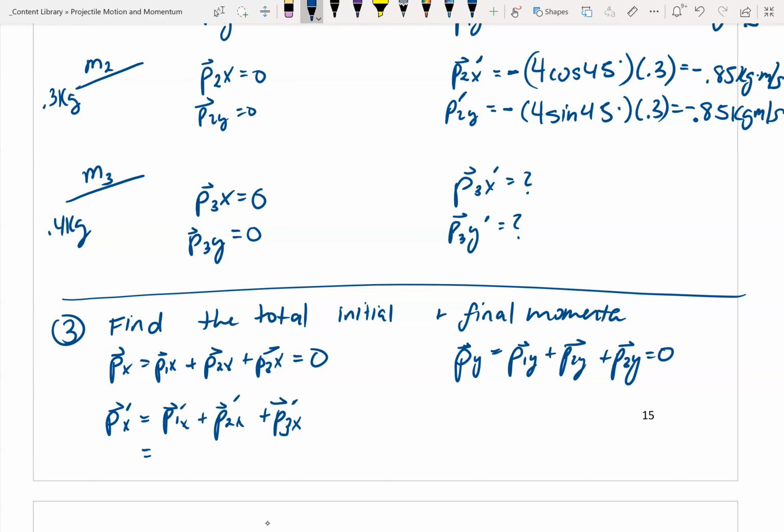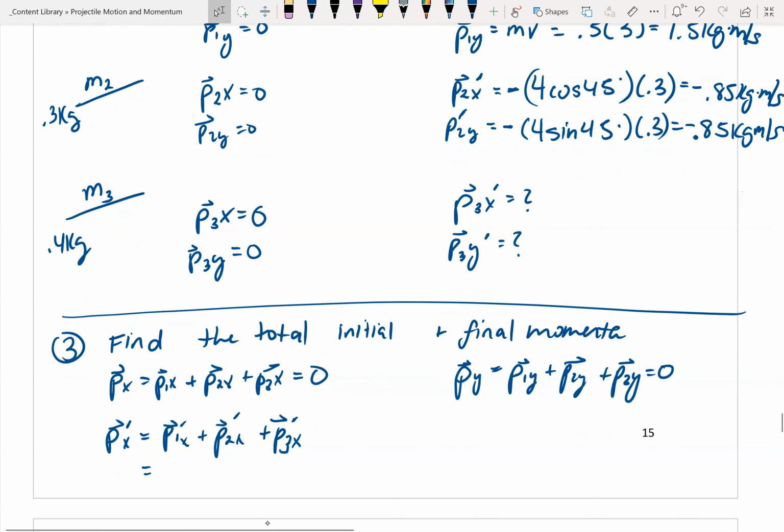P1x, looking back at our charts of information, is going to be 0. P2x was negative 0.85 kilograms times meters per second, and we don't know what P3x prime is yet.